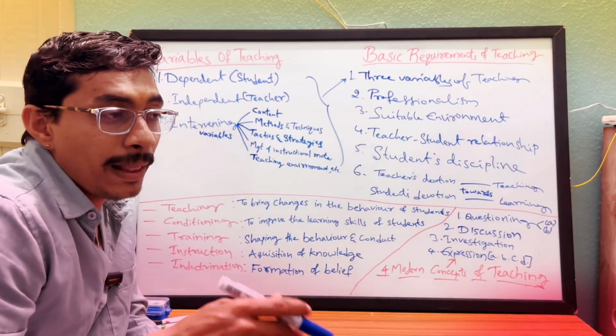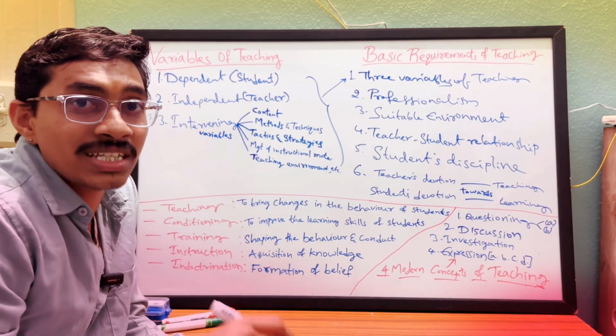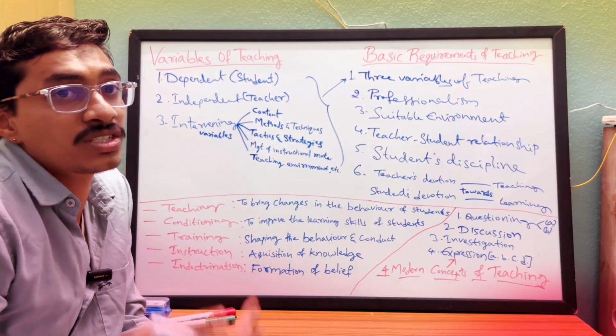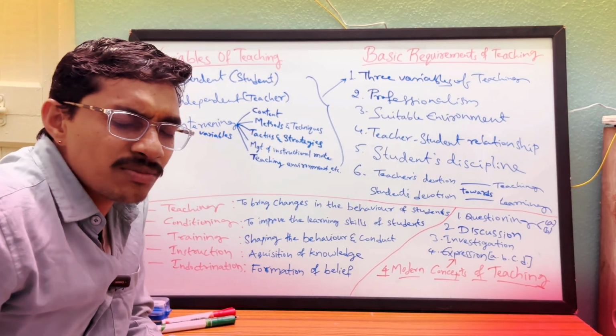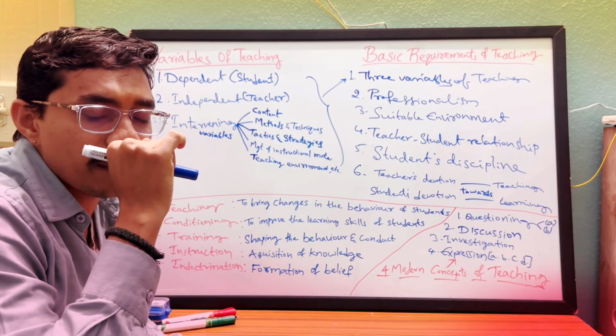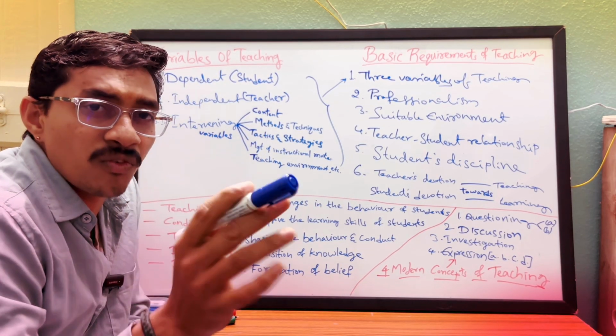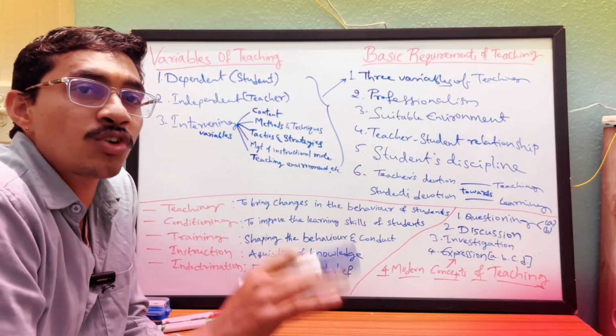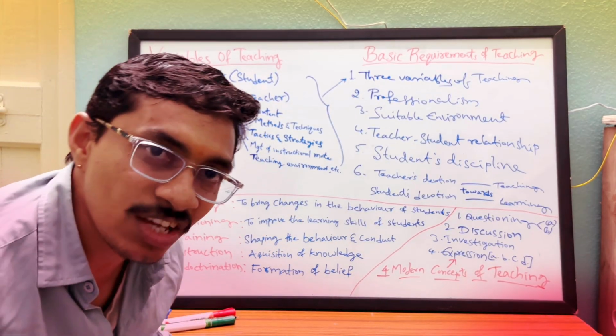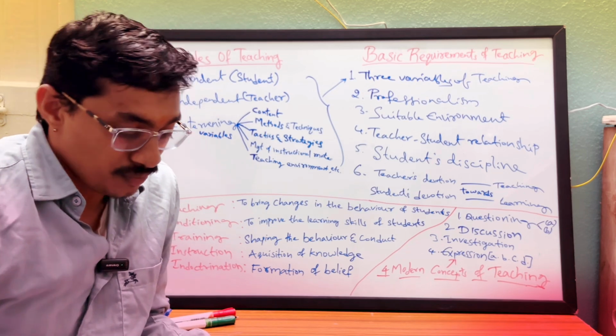Discussion means there will be both sides, questions by the students to the teacher and by the teacher to the students. Questioning is more like one to one, where the teacher may ask one student at a time. Discussion is continuous. Whoever has opinions can freely raise and express them one by one. So that is the discussion.